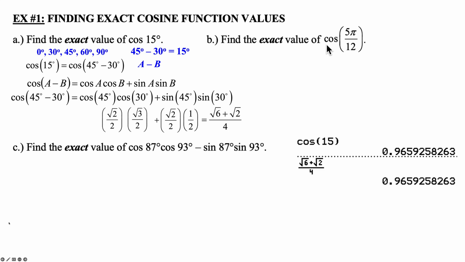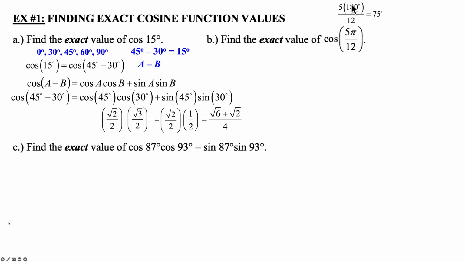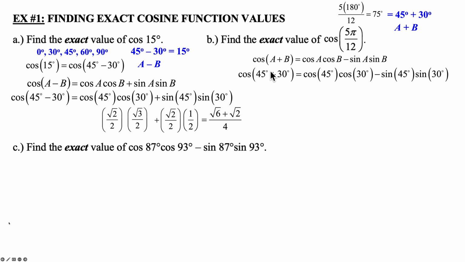Find the exact value of cosine of 5 pi over 12. I hate radians here. Convert it into degrees. Now it's 75 degrees, so I'm going to now add the 45 and the 30. Hey, wait a minute. This is going to save me some time. Because the only thing that's different is the plus and the minus. So again, I'm putting in 45 and 30 for A and B in all the same spots, but the work is exactly the same except this plus is now a minus.